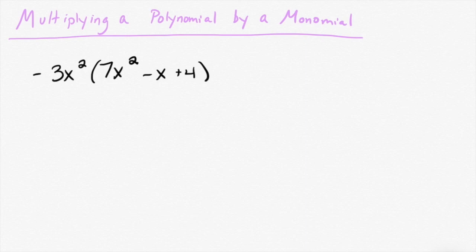What you have to make sure of when you multiply is that whatever you have outside the parentheses, which in this problem is a negative 3x squared, gets multiplied by every single thing inside the parentheses. That is the distributive property. So first thing I'm going to do is negative 3x squared times 7x squared.